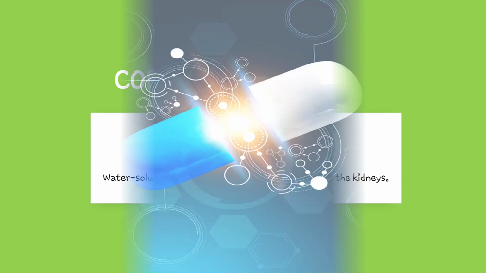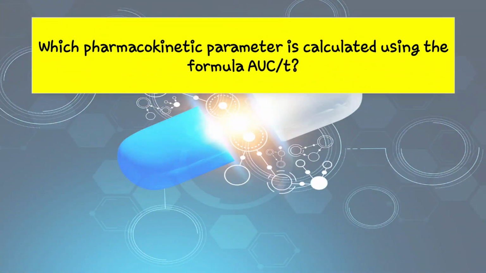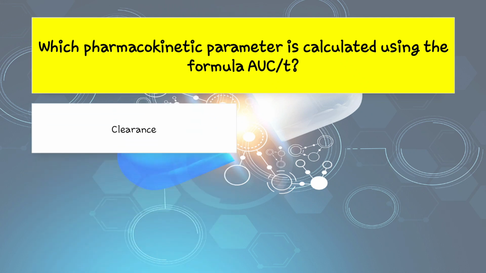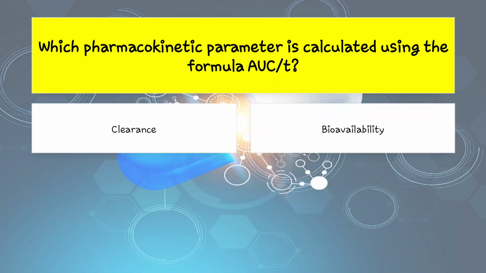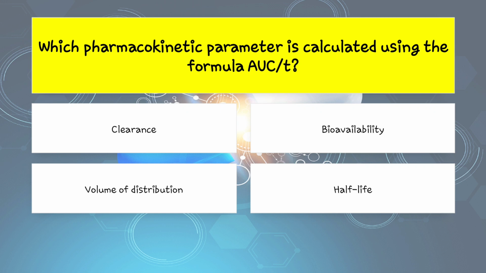Moving to next one. The question is, which pharmacokinetic parameter is calculated using the formula AUC upon T? And the options are A. Clearance, B. Bioavailability, option C. Volume of distribution, or option D. Half-life. Think for the answer.